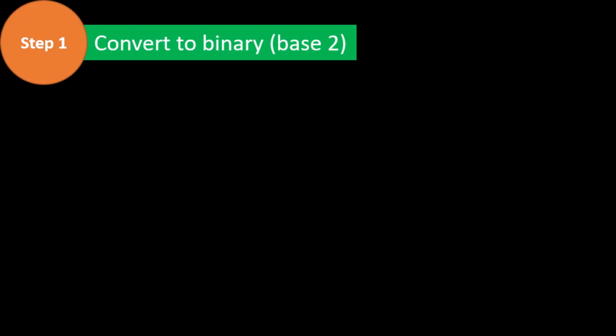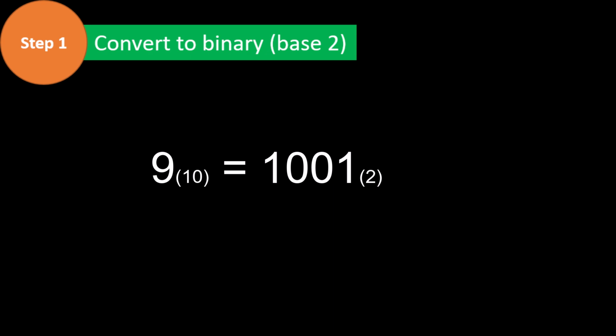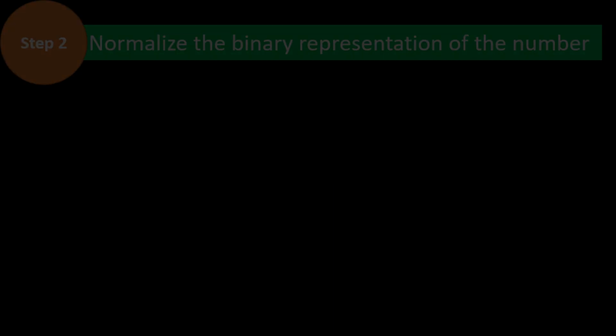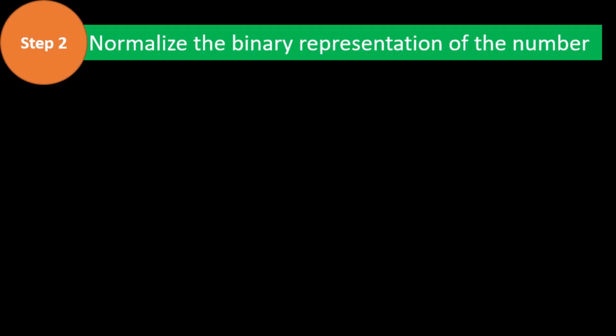Step 1, convert to binary, base 2. You can watch the previous video to learn how to convert decimal to binary using the divide by 2 method. In our case, it is 1001 in binary. Step 2, normalize the binary representation of the number. So how do we normalize it?